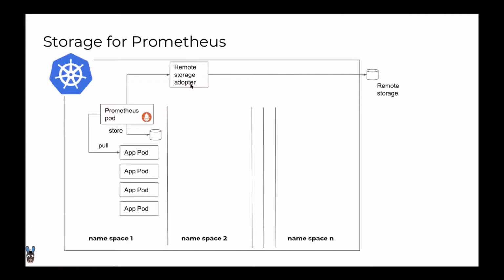When using remote storage, Prometheus does not control how to write into remote storage or how to read from remote storage. It's left to the implementation of the remote storage, but it is given a standard API in terms of a remote storage adapter to write the Prometheus metrics into that adapter.